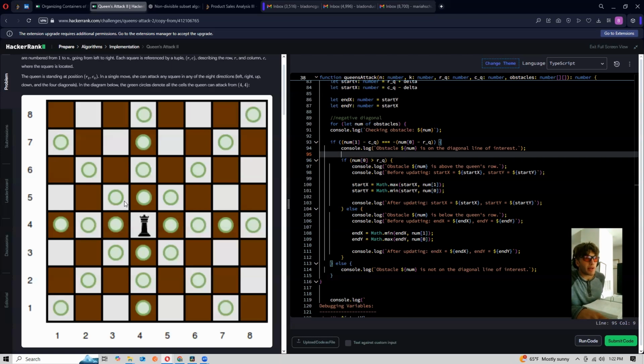I'm not going to explain all of this. You guys can kind of infer what all of this means, but basically we're taking the most restrictive possible obstacle. If there are multiple obstacles that lay on one direction of a diagonal, we take the most restrictive one. So in our case, this would be 3, 5. Then we take the absolute value between the start x and end x, for basically the same reason as before.